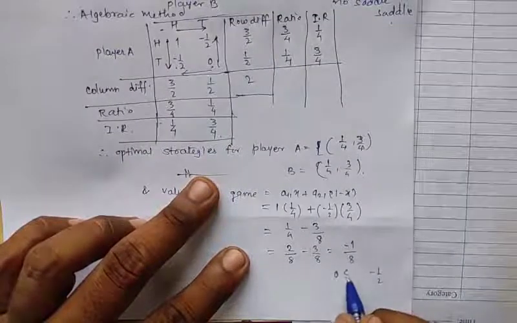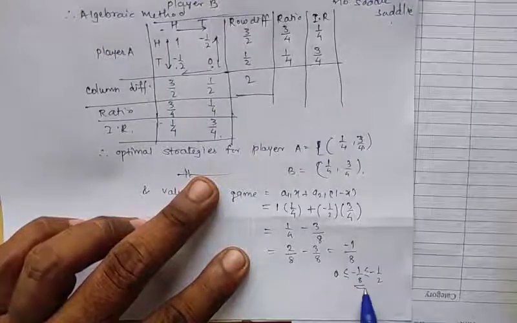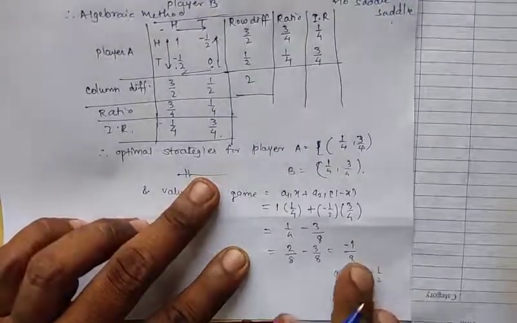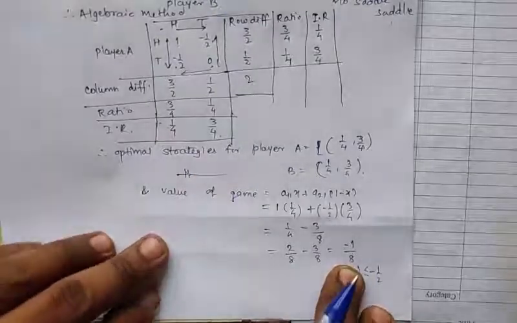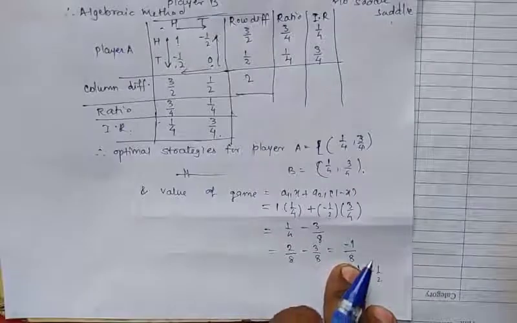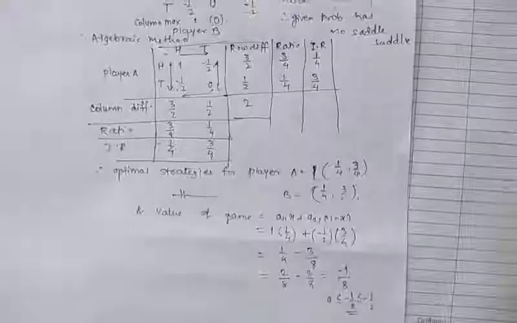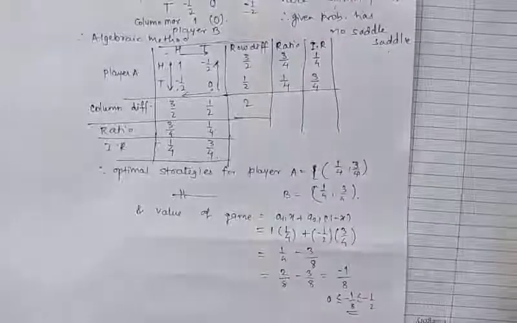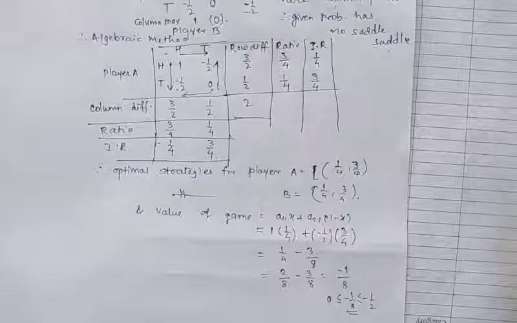So the value of the game is minus 1/8 by using the algebraic method. In any method you can solve, you get the value of the game always equal. Okay, we will stop here. In the next lecture we will see the next method, the arithmetic method. Thank you.